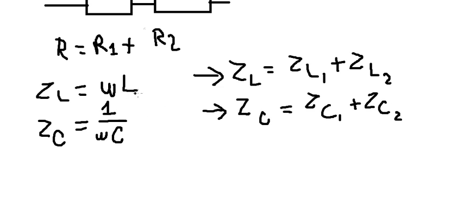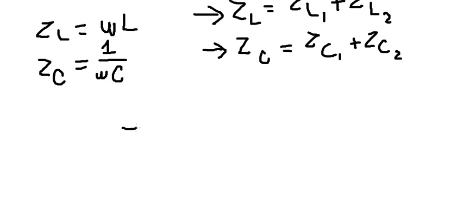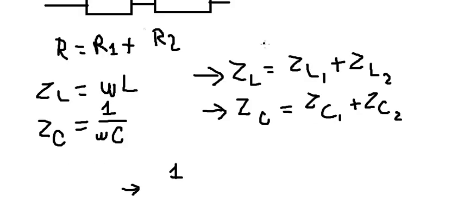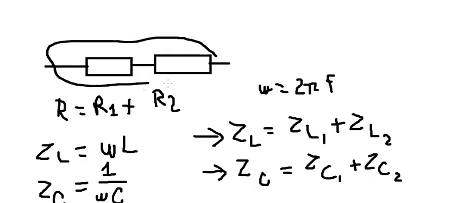We know that we transform this one into this one. So because we know that omega is 2πf, the frequency is the same for the whole series in here.